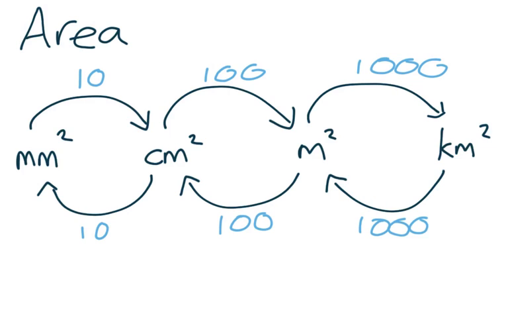And because I've got the arrows all going the same way as before, the top row was division and the bottom row was multiplication. However, because we need to change both dimensions, we have to put a squared symbol above each of these. And what that means is, instead of just dividing by 10 once, you actually divide by 10 and then divide by 10 again. So you can either do divide by 10 to go from millimetre squared to centimetre squared, or you can do divided by 10 squared.